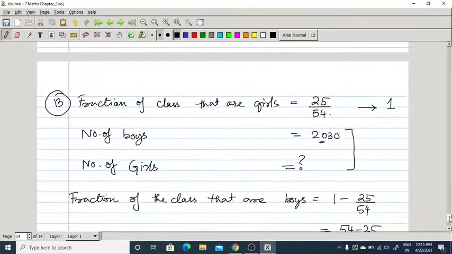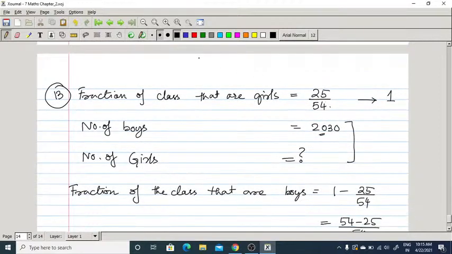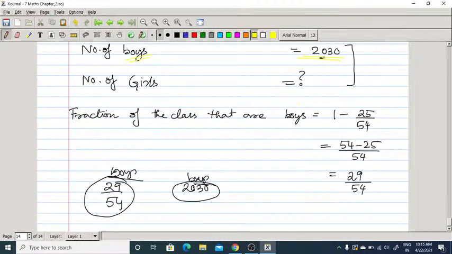What was given in the question was of different categories. The fraction was given for girls, and the actual number was given for boys. But we could not equate them because there are two different categories. So after subtracting the fraction of girls from 1, we have got the fraction of boys.